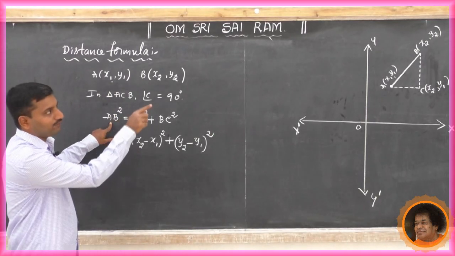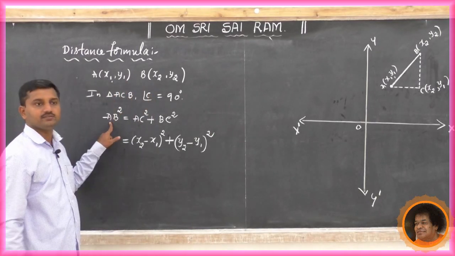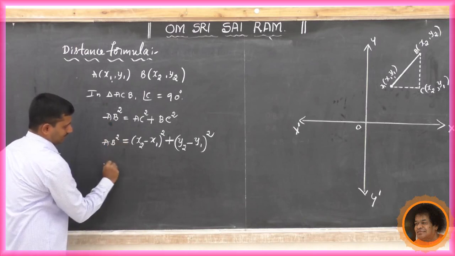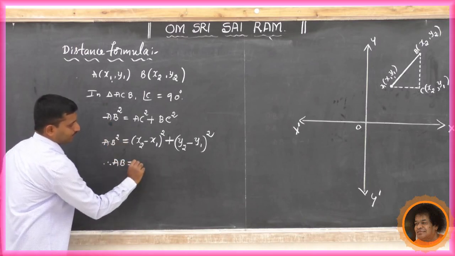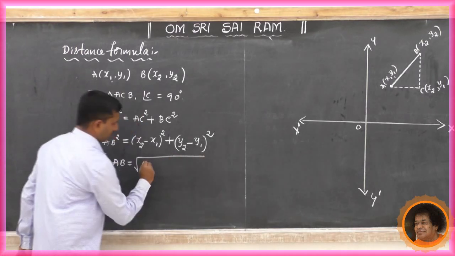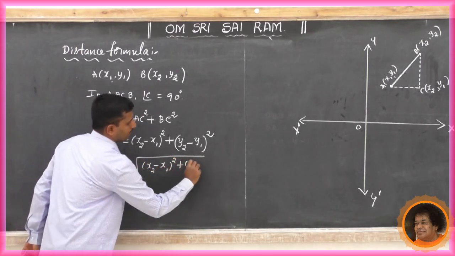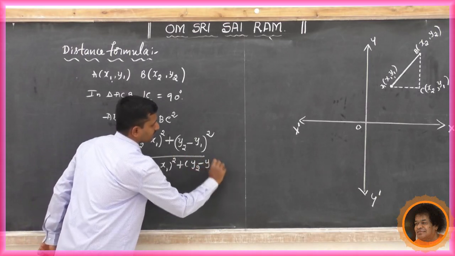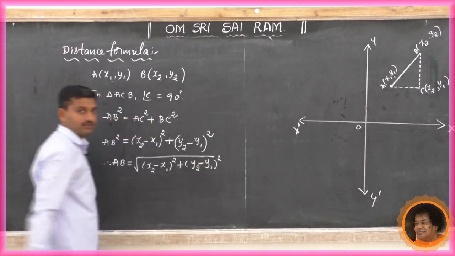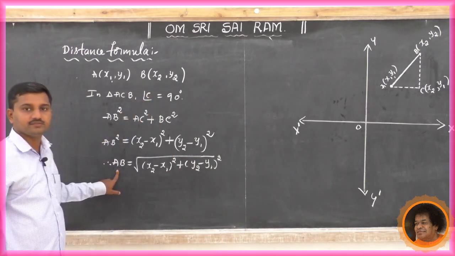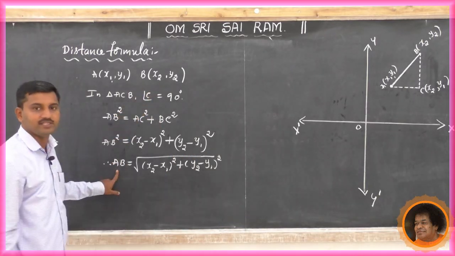But our aim is to find the distance between A and B. Therefore AB equals the square root of x2 minus x1 whole square plus y2 minus y1 whole square. AB means the distance between A and B, or the length of the line segment AB.